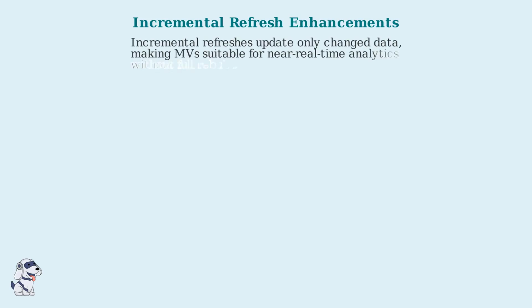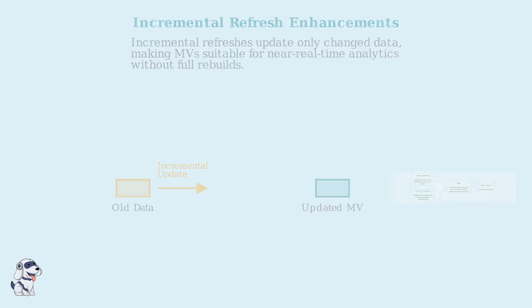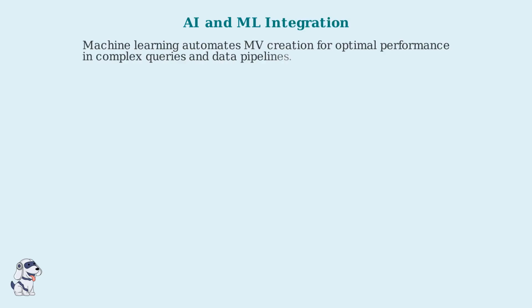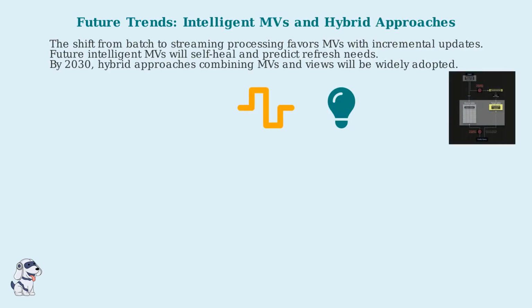Platforms like AWS Redshift now support Delta-based refreshes, integrating with streaming data to enable near real-time updates. This integration helps predict which queries benefit most from materialization, improving efficiency in machine learning workflows. Streaming data from IoT and event-driven systems drives this evolution, with intelligent MVs using advanced algorithms for self-management.